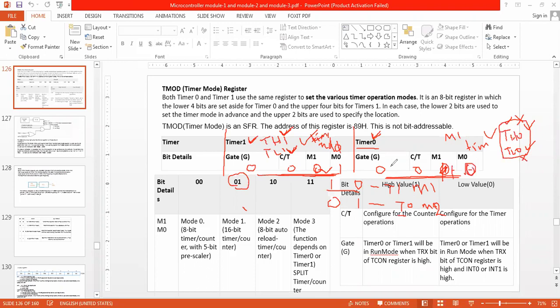It means 02H will be T0 mode 2. If it is T1 mode 2, then it is going to be 20H for timer 1 mode 2. Understood?